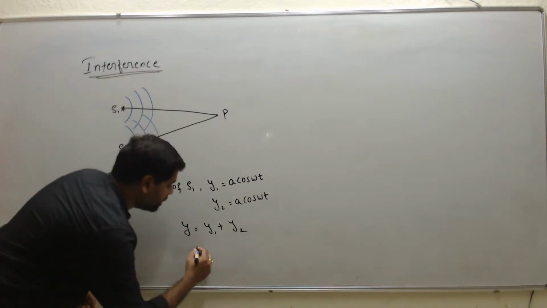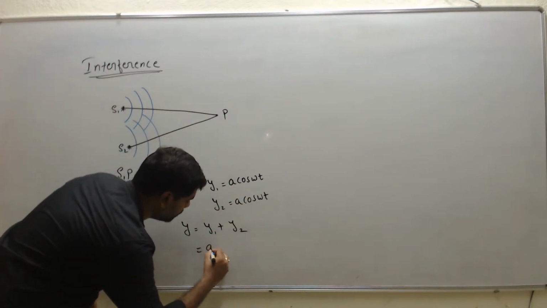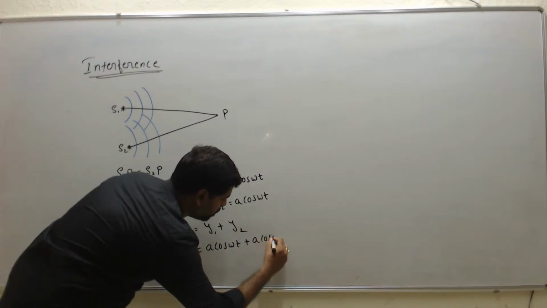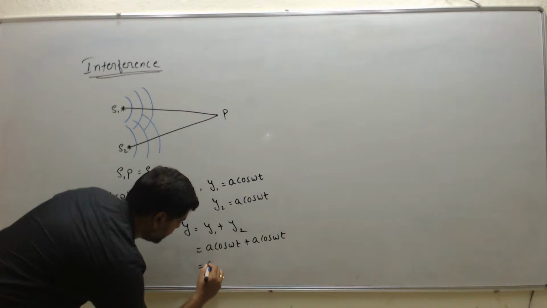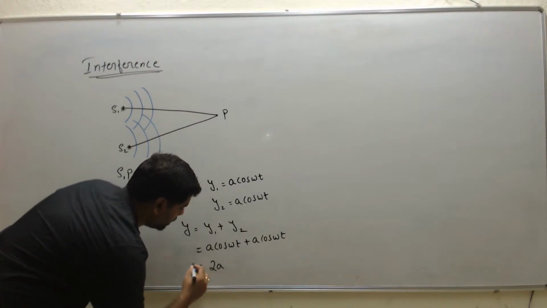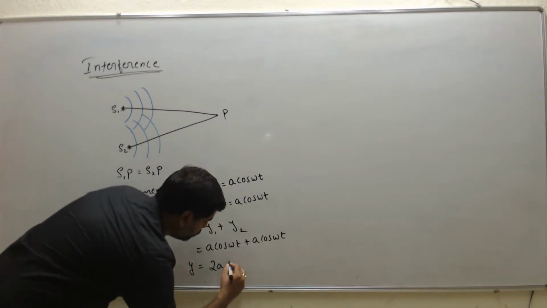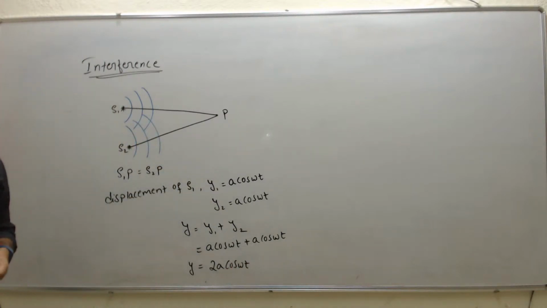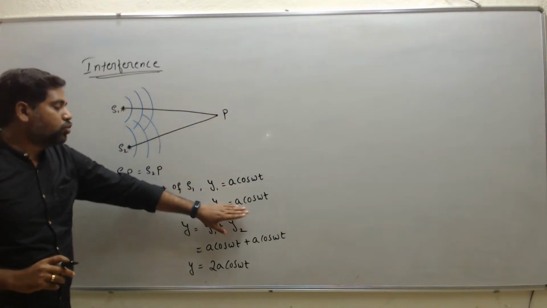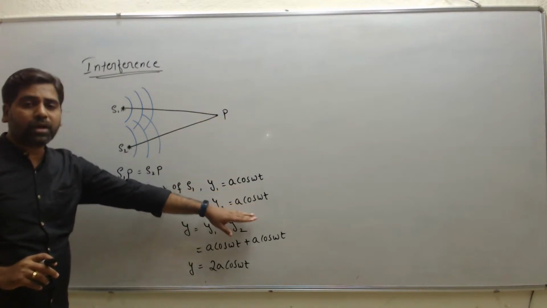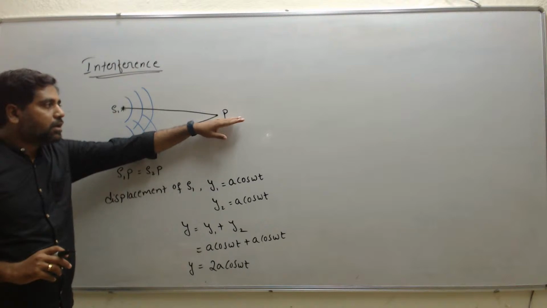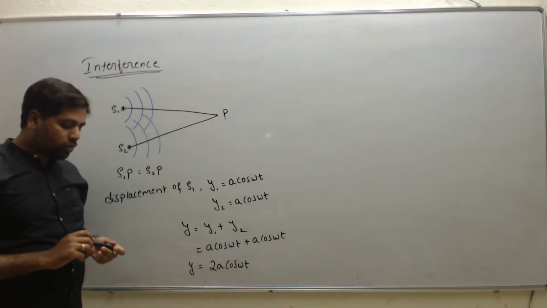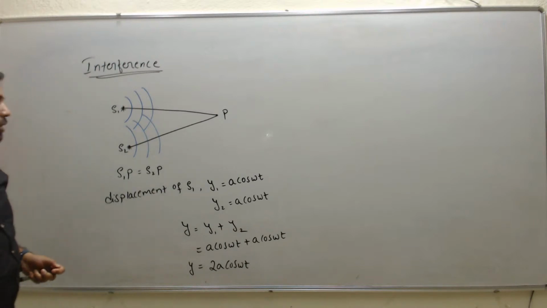So y is a cos omega t plus a cos omega t. Here we get the resultant displacement y is equal to 2a cos omega t. That is, these two wavefronts superimposed, and we get at the point P y is equal to 2a cos omega t, right?